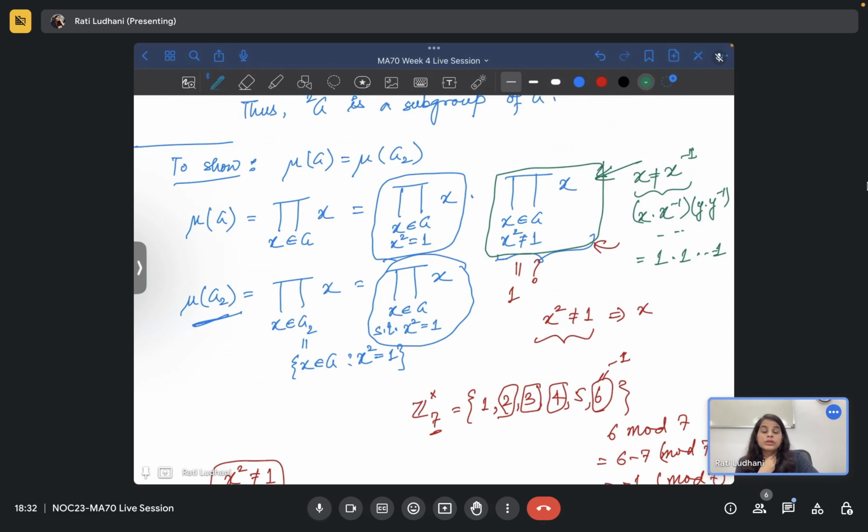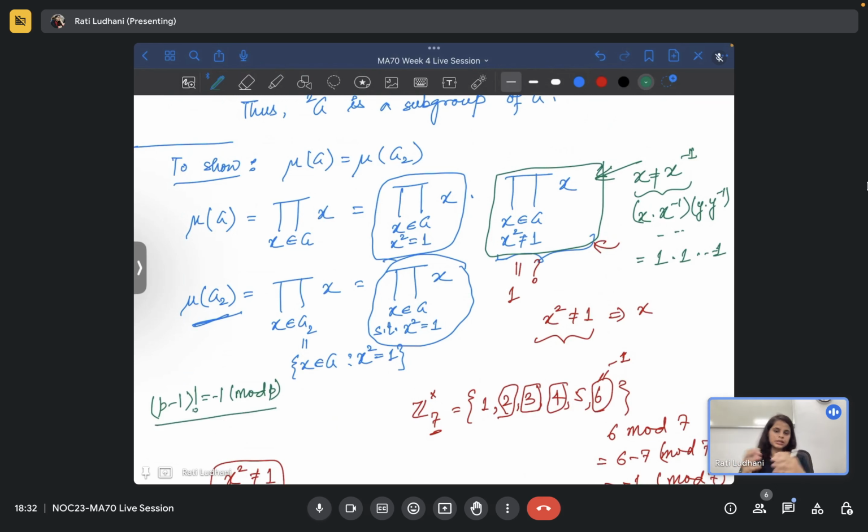Sorry? You have prime powers, not just prime numbers. Wilson's theorem says (p minus 1) factorial is equal to minus 1 mod p. So you are having just Z_p here.